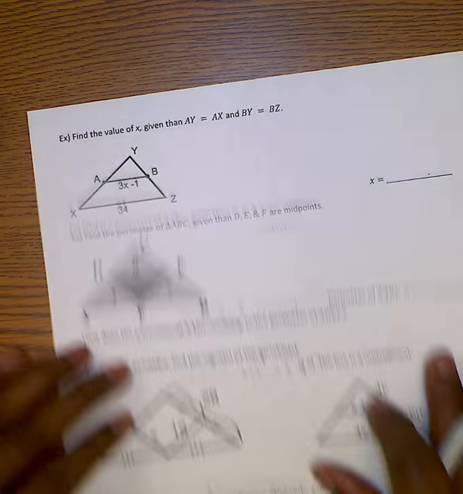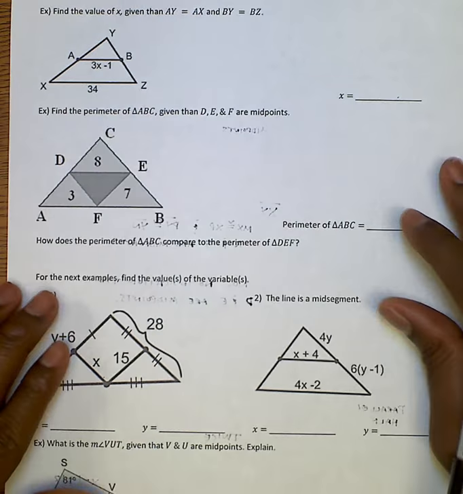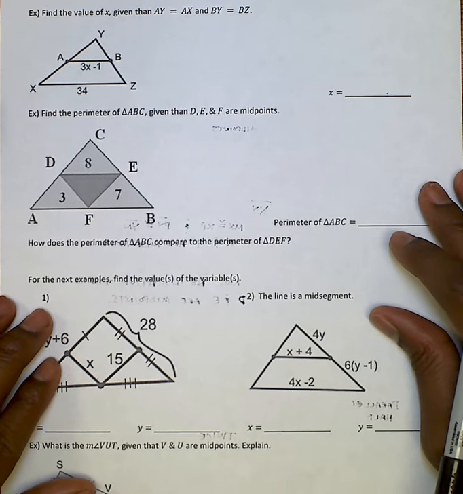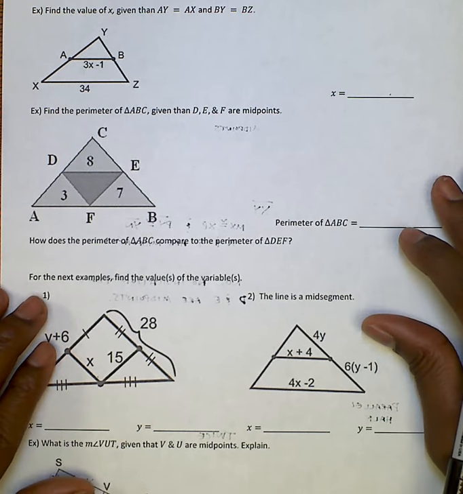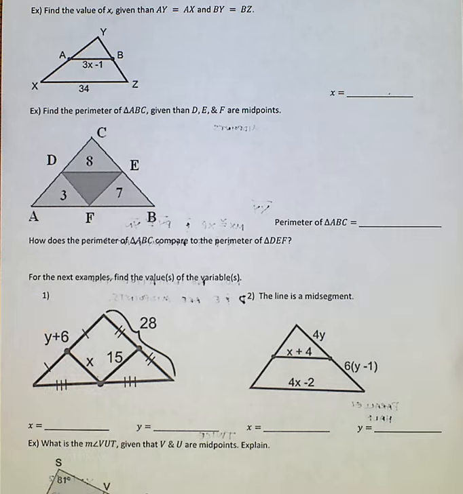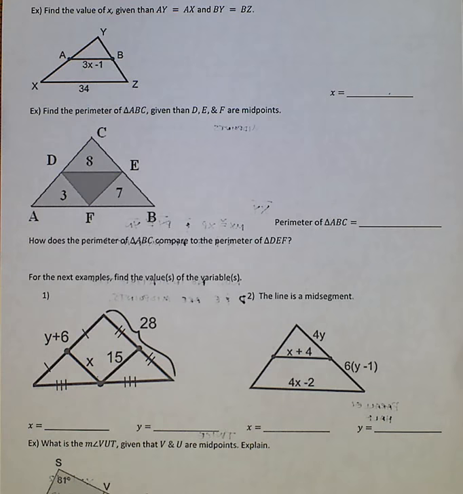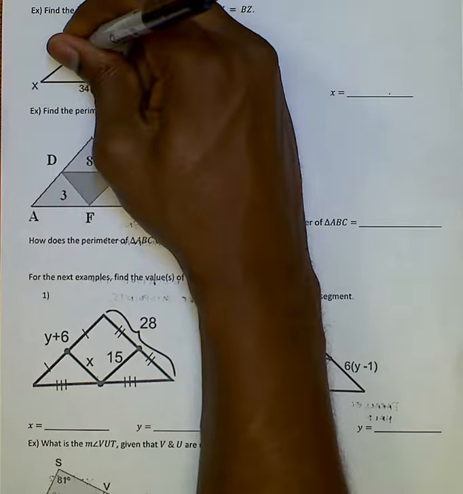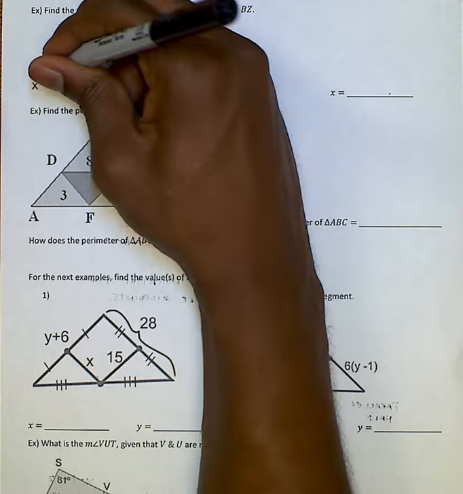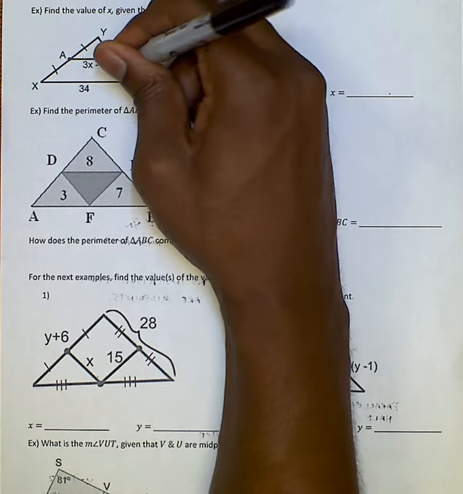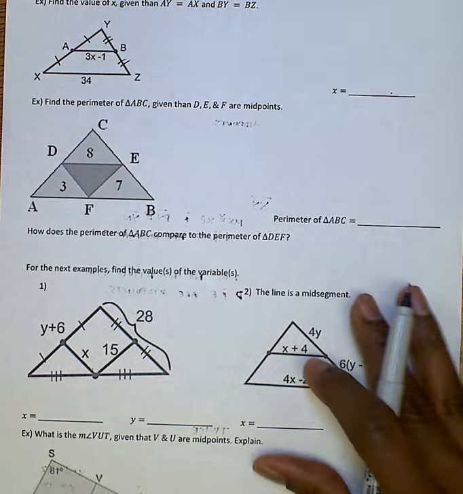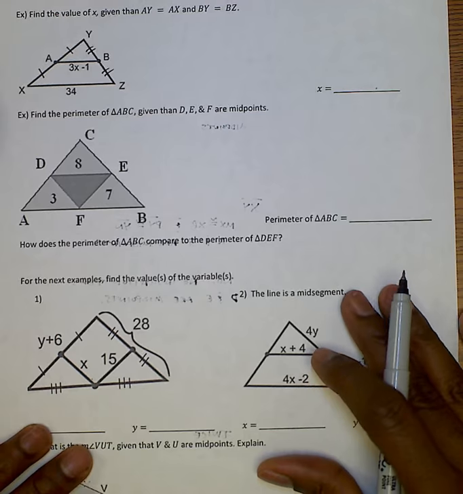Flipping to the back side, working with some more complex problems. First one, we need to find the value of X, given that AY is equal to AX and BY is equal to BZ. The important part about this is AY, AX, BY, BZ. We can add the markings there that say this is a midsegment.